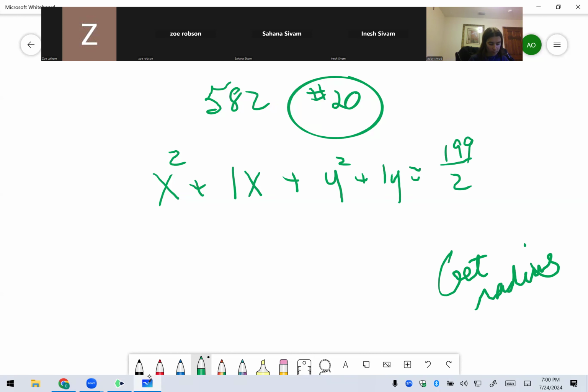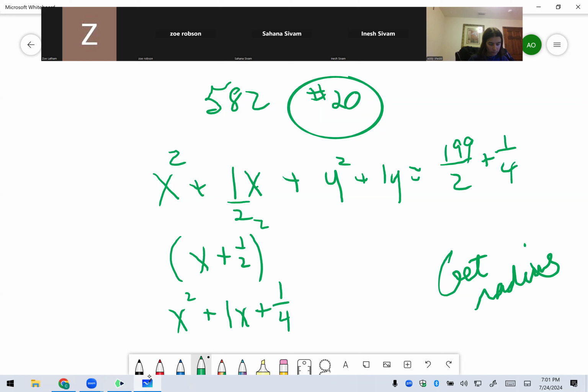If I divide this 1 by 2, I'll have x plus 1/2. If I FOIL this, I'll get x squared plus a half an x, and a half an x is 1x, which is what I want, plus 1/4. So I have to add a 4th over here too, since I added it to this side.